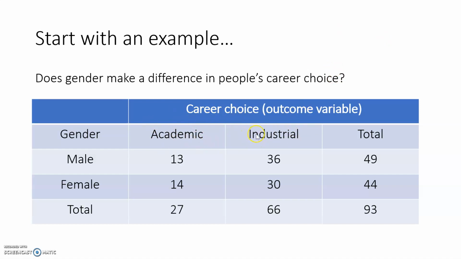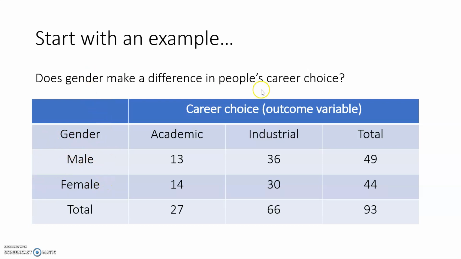That is, whether people want to pursue a more advanced degree after graduation, such as a master's degree or even a doctorate degree, or they want to go to a company and land a job in the industrial field. So two big categories, right? Academic or industrial. And this is the outcome variable we're looking at. And the predictor we propose here is gender, still a categorical variable, either male or female.